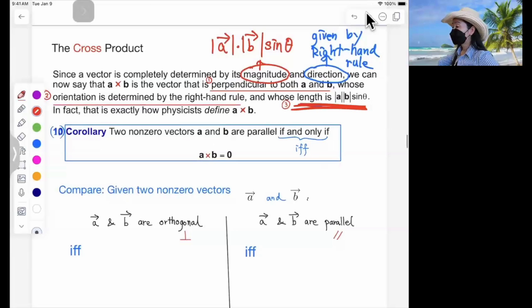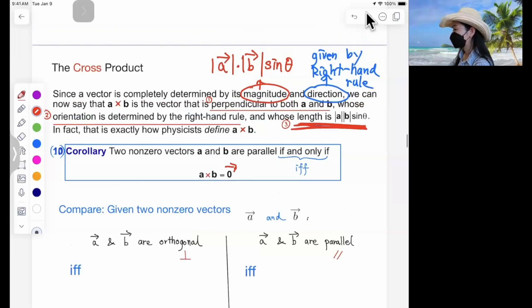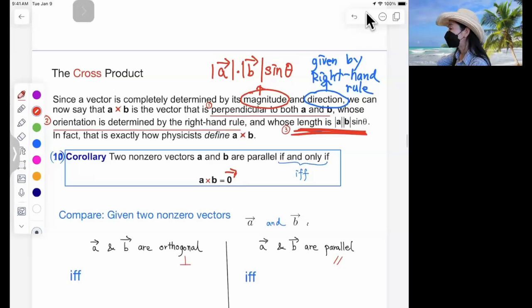All right, so now we have a corollary. That means it follows from a theorem. Two non-zero vectors A and B are parallel if and only if the cross product is equal to the zero vector. Can you think about why? What happens when they're parallel?